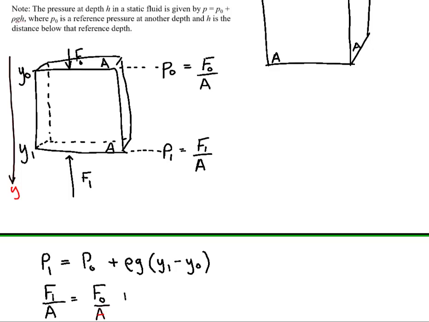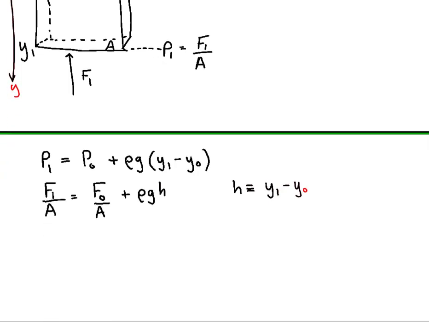And then this is plus rho g times h, which I'll call the height of our cube. I'm just defining the height as being the difference between the two depths. So I'm going to multiply through everything by the area.